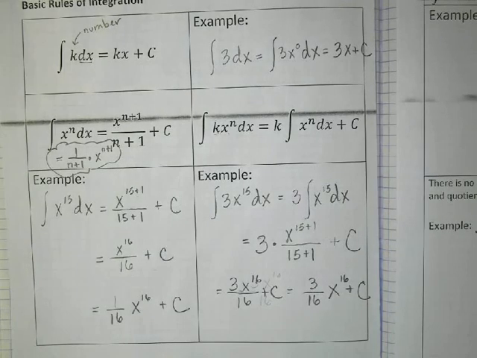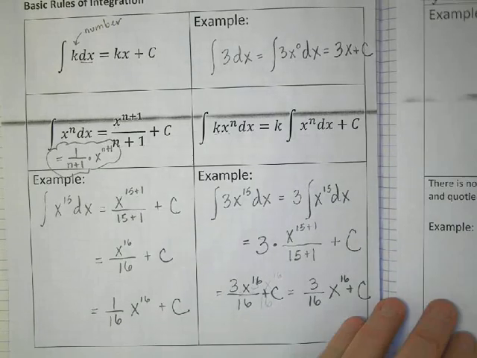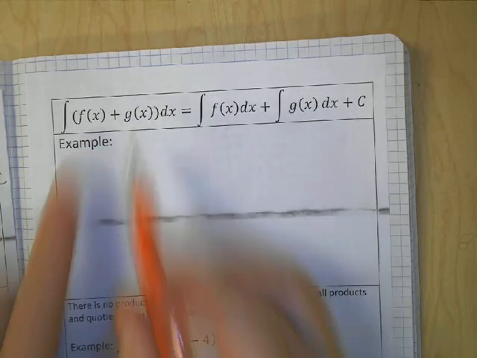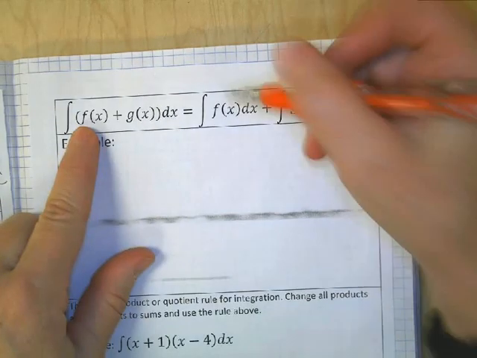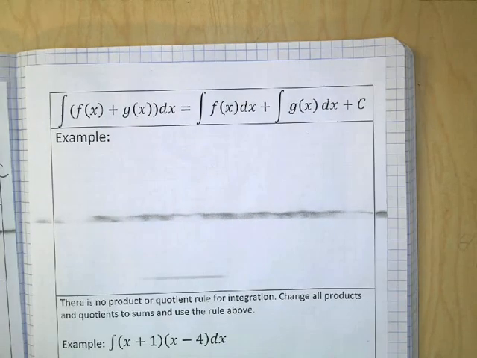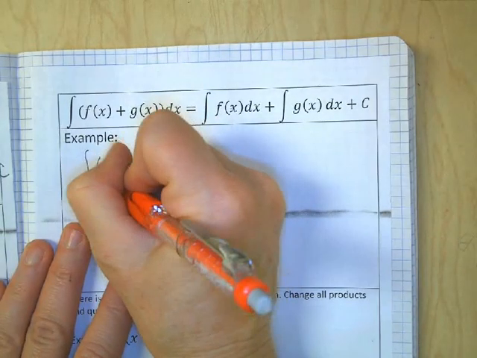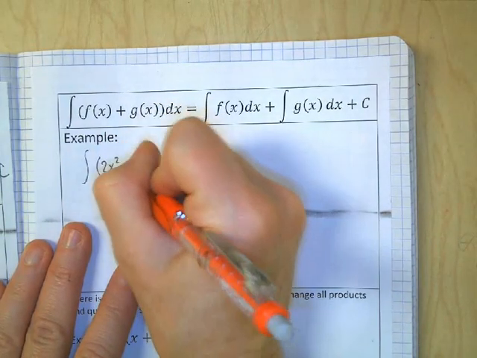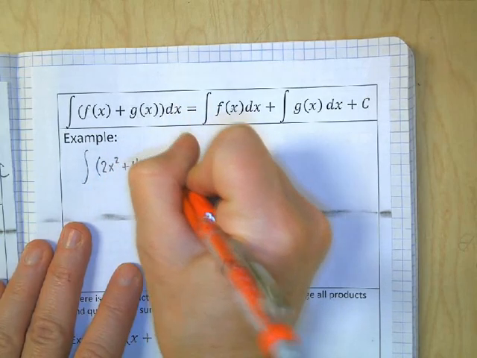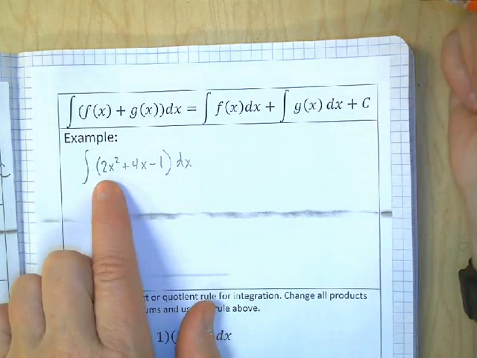All right. Okay, next thing is, what if I have two functions being added together? Well, you're just going to integrate them separately from each other. So, what is the example I wanted to do? Here it is. So, if I have the problem 2x squared plus 4x minus 1 dx, I can separate this out into three separate problems.